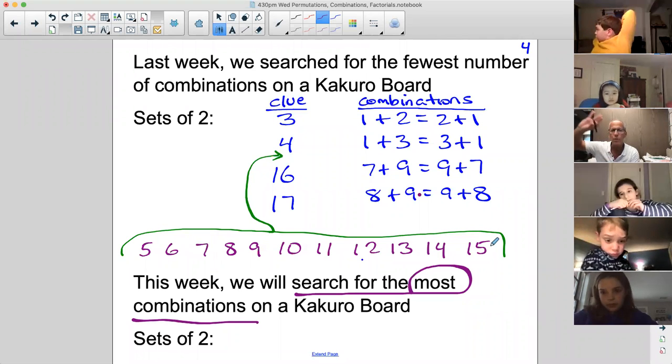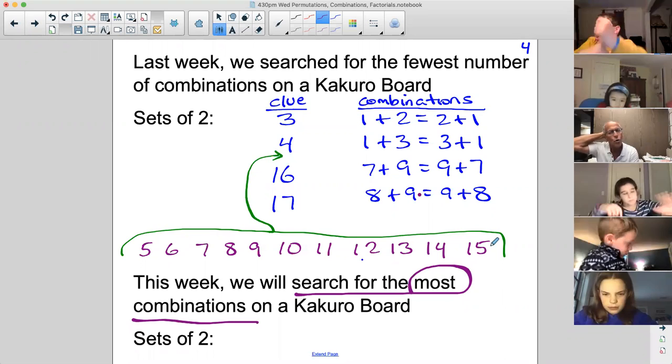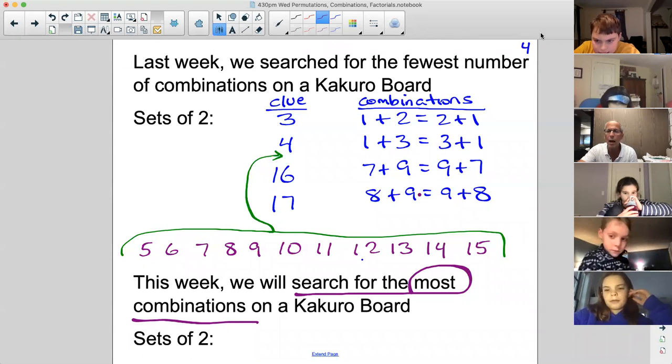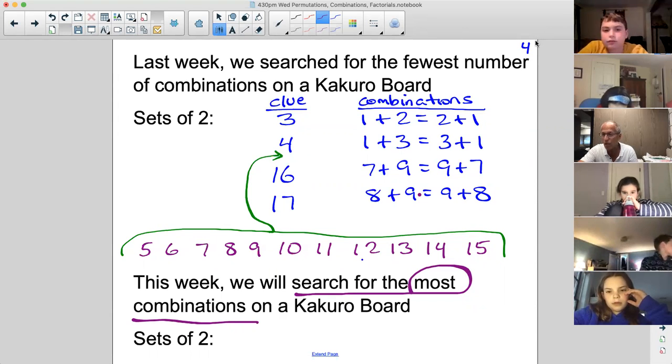Permutations are even crazier, but who thinks they can find the most combinations? Which numbers? And don't say it out loud yet. I want you to make a conjecture. A conjecture is an educated guess. And that's what I'm looking for.